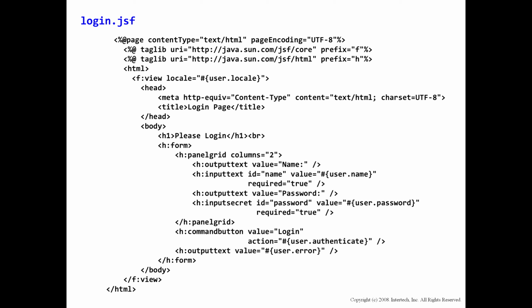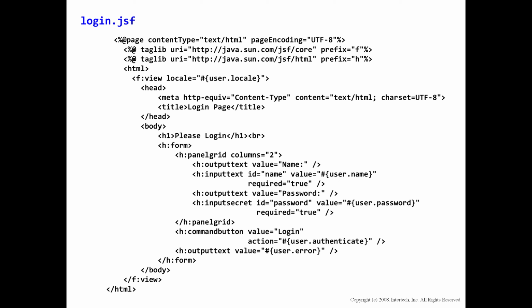Command button in this case is, as I said, a post request. It'll say login on the button, and then when it's pressed, the user bean called user, which has either an authenticate method in it, or an authenticate field in it, in which case it calls getAuthenticate, is actually the action that happens there.